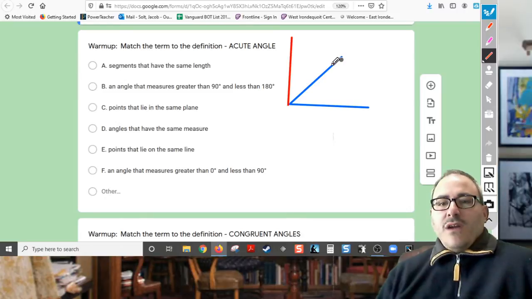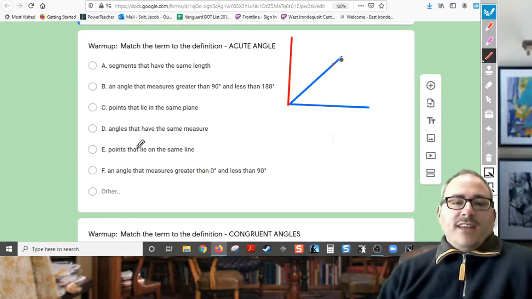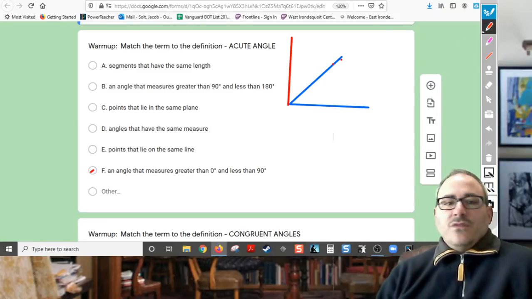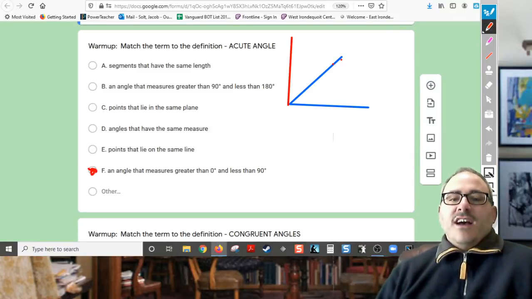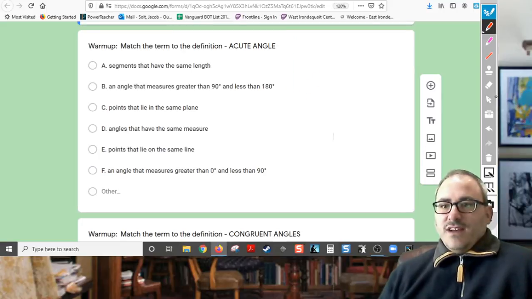So anywhere where I put this side of the angle where it's less than the red and greater than the blue, I create an acute angle. And right here, an angle that measures greater than 0 and less than 90 would be the correct multiple choice for this one right here. All right, let's move on.